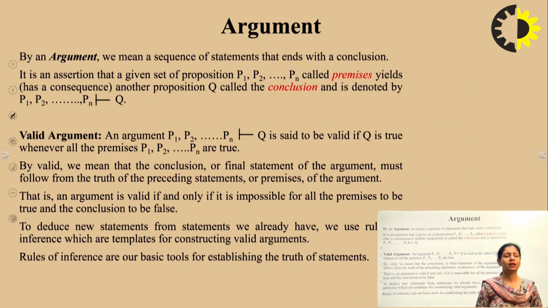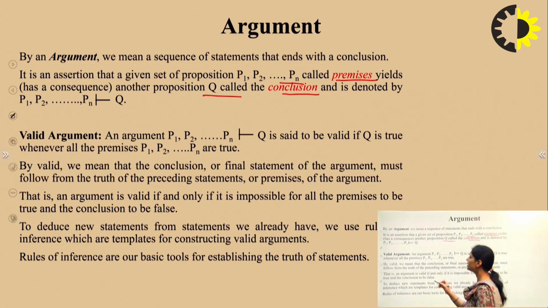Argument. By argument we mean a sequence of statements which ends with a conclusion. So we have some propositions P1, P2, Pn, which are called the premises, and the result of it is Q, that is known as the conclusion.